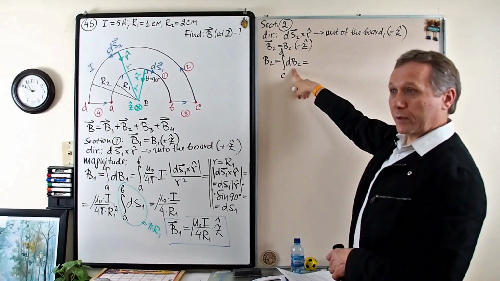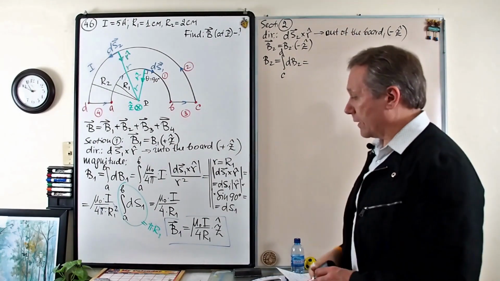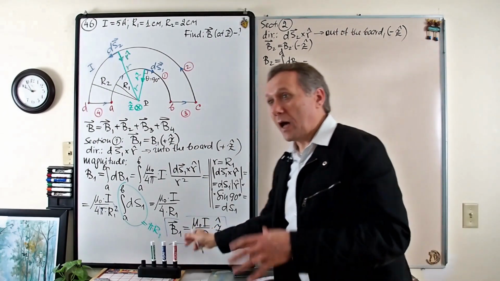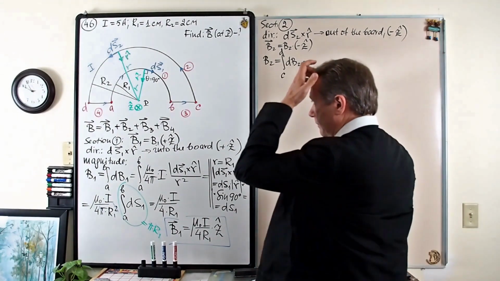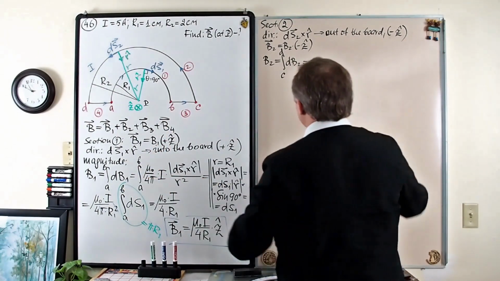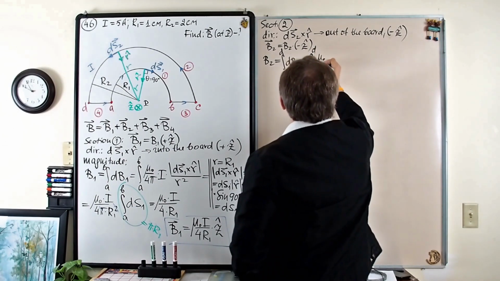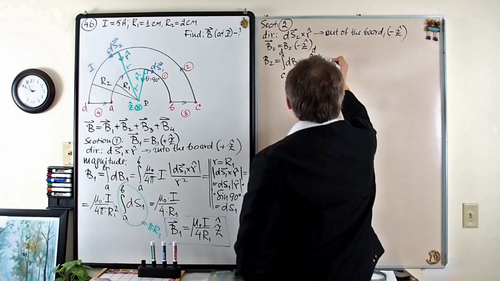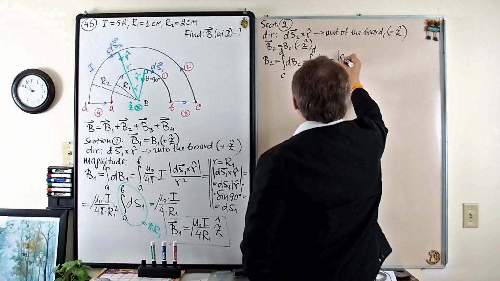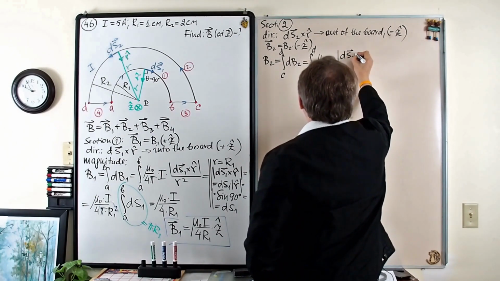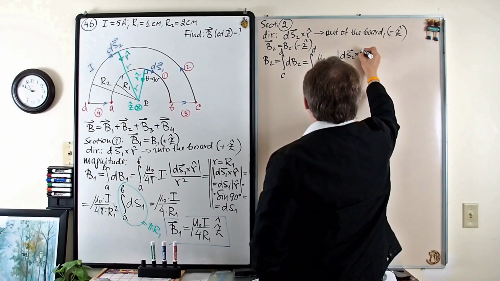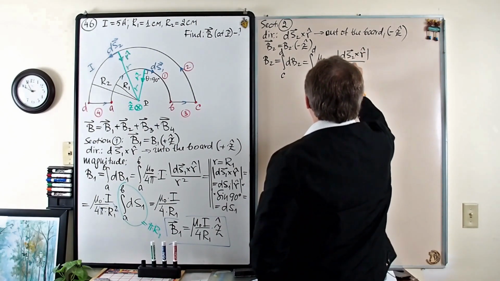And so now we'll have to write the Biot-Savart law for current, and again the absolute value of that law. So it will have a similar structure. So integration from C to D, mu naught over 4 pi I, and again the absolute value of ds2 crossed with r hat, divided by r squared.